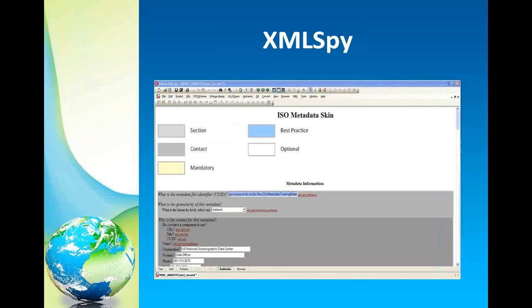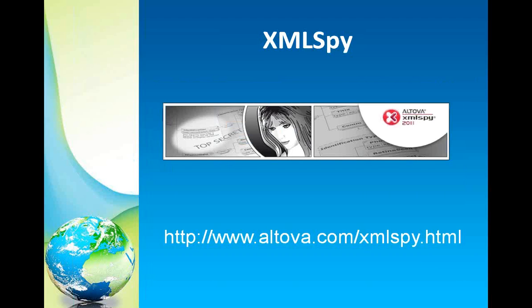Again, this is showing XMLSpy with the skin that could then be used, for instance, like that Authentic tool, so that you could use this tool without the XMLSpy package. So this is showing the skin within the XML editor.